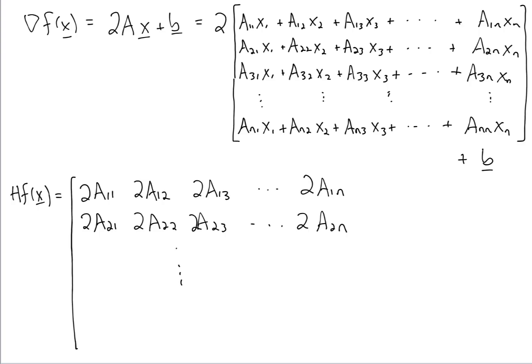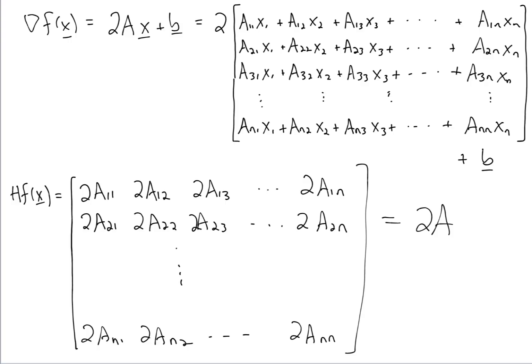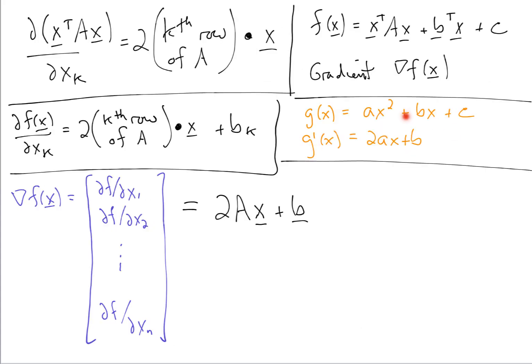And we can see where this is going. This is nothing more than 2 times the matrix A. Now this also parallels what we saw here with our function of one variable. If we took its second derivative, g double prime of x would have been 2a.